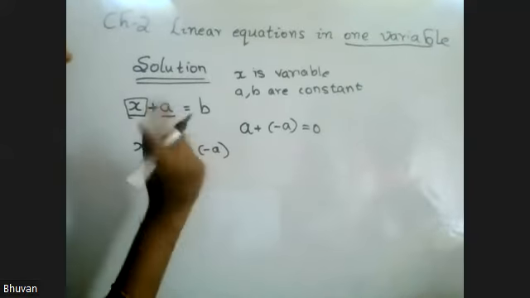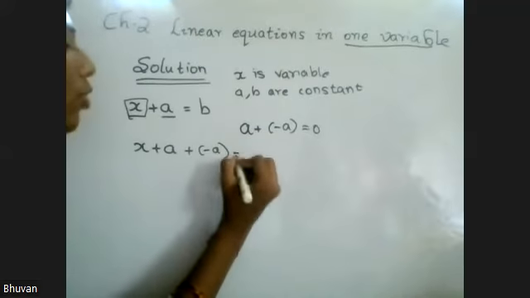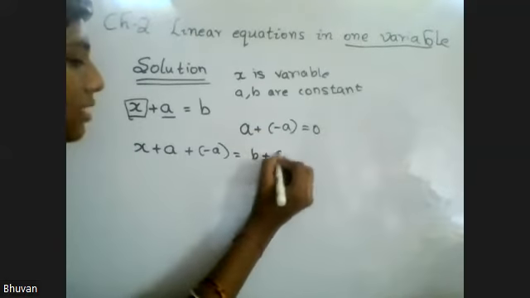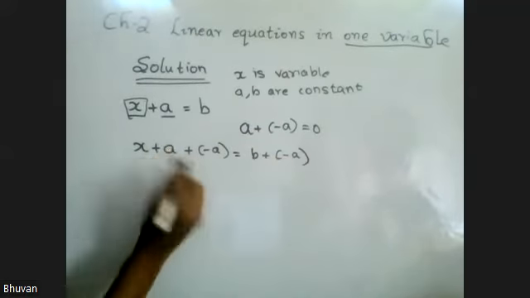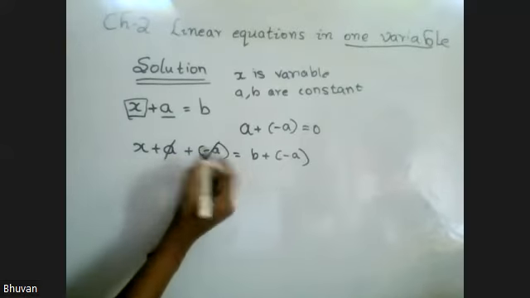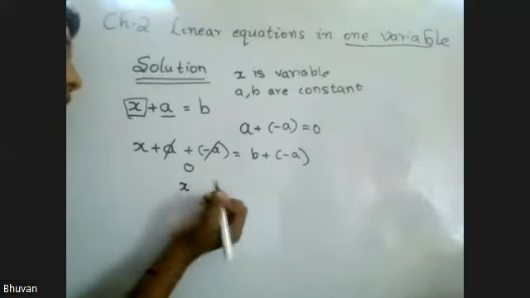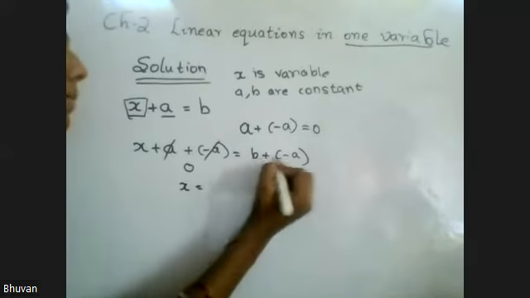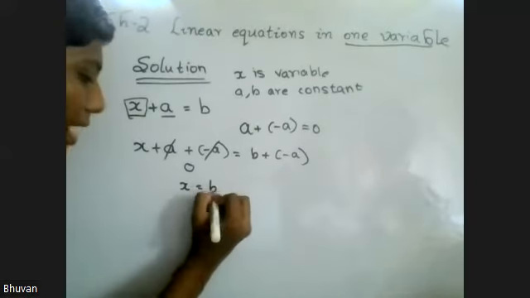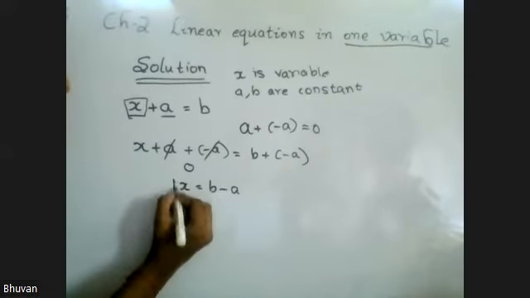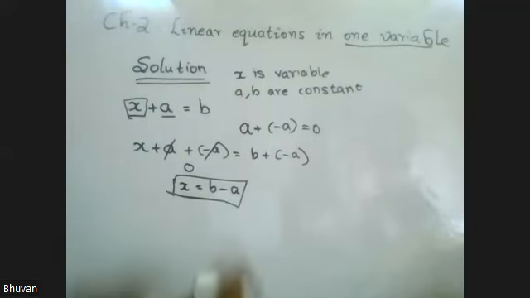We cannot add on just one side; we should add on both sides, b plus minus a. So a and minus a cancel to give 0. So x plus 0, x, is equal to b plus minus a, b minus a. So the value of x in such cases is b minus a. Next, we can add any variable or any value on both sides.